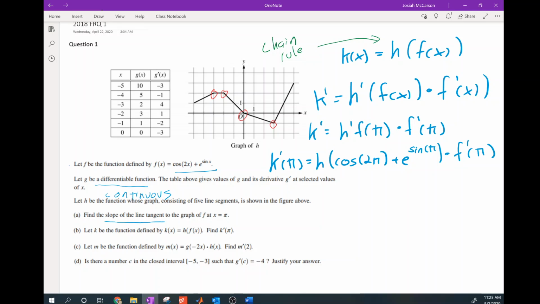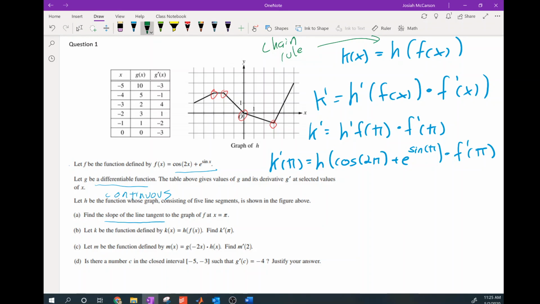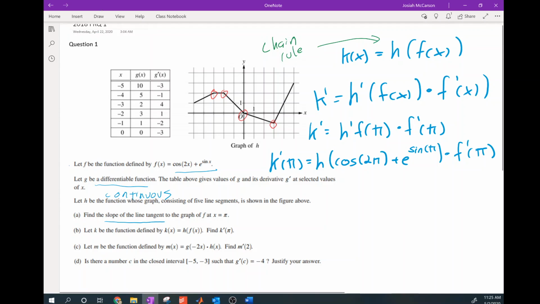Now I'm not going to do anything with this because that should look really familiar. The AP exam has this great tendency to make you use your previous information in your next question to save you time. So we actually solved this a minute ago, and we know that this is equal to negative 1.